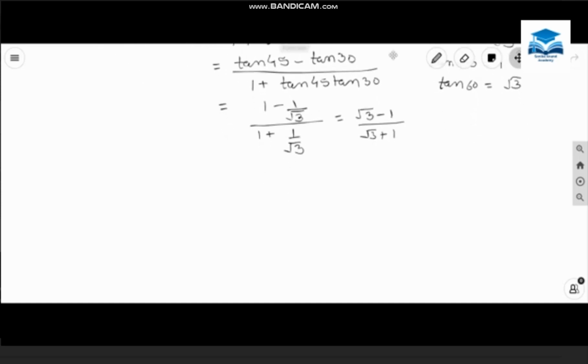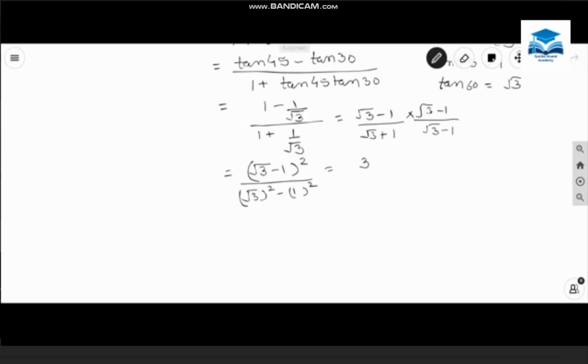So when we rationalize, we get under root 3 minus 1 whole square upon under root 3 whole square minus 1 whole square. That means we have to multiply by under root 3 minus 1 and under root 3 minus 1 in order to rationalize it.